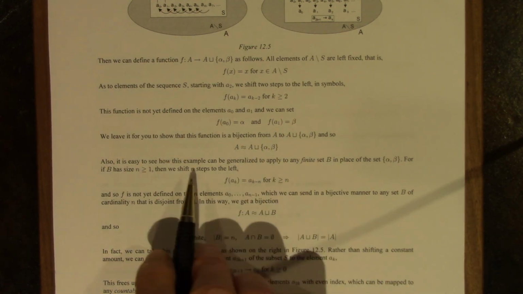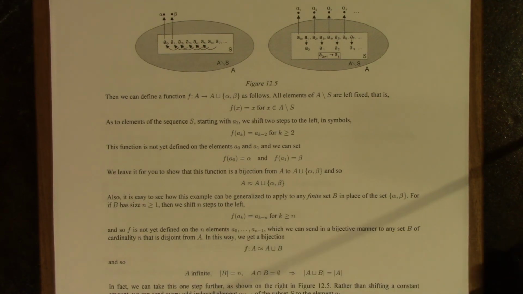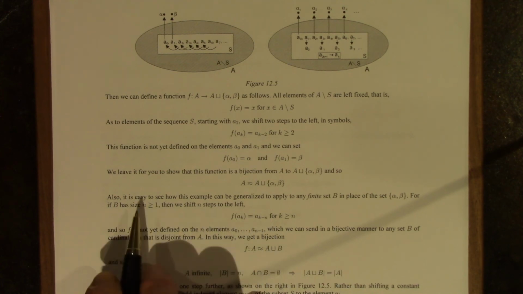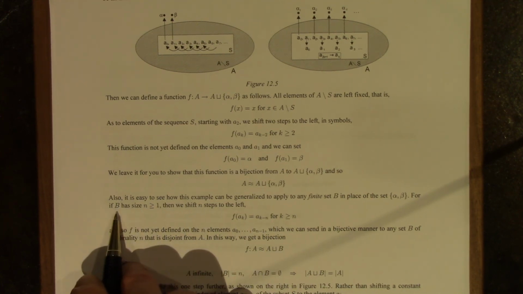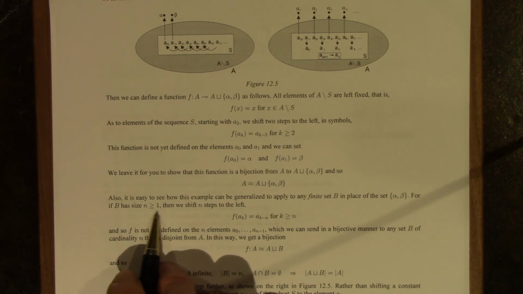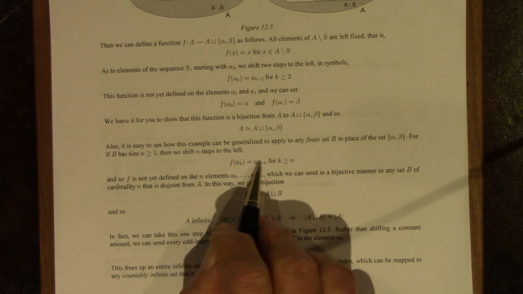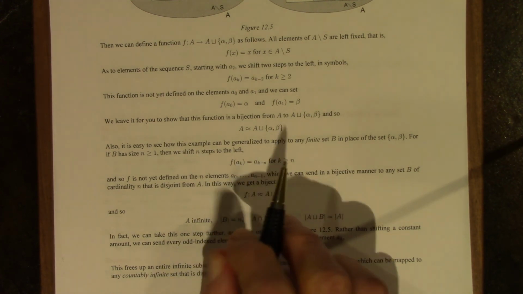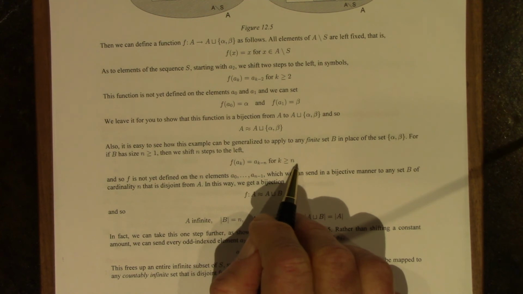It's also easy to see how this example can be generalized to any finite set. So what we can do is, let's say we have a set B that has size n, at least 1. We shift n steps to the left rather than just 2 steps. So we send A sub k to A sub k minus n for k bigger than or equal to n.